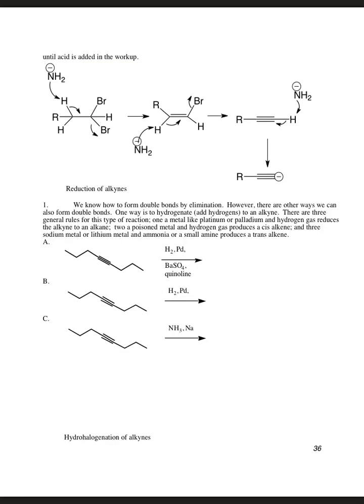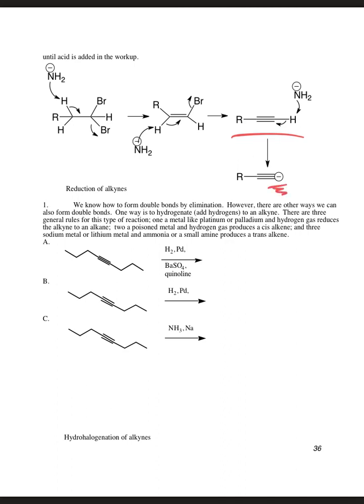Now, if we form a terminal triple bond, which we always will form, it'll walk its way down the chain, that's for later, we'll get to that. But we form the acetylene, and then NH2 minus can remove that extra hydrogen to form the acetylide.